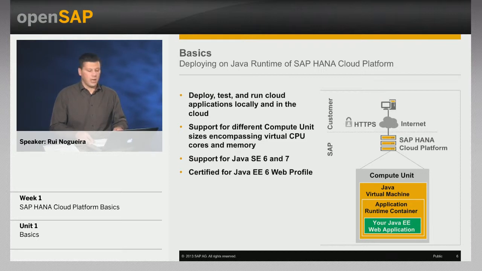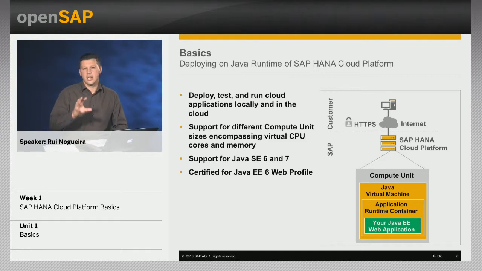So how do you deploy on the Java runtime of the SAP HANA Cloud Platform? You have a compute unit that resides in the cloud. This compute unit is the one that you purchase. For the trial account that we will be using in this course, you get one CPU and a certain amount of RAM.